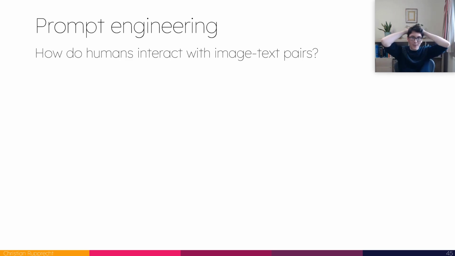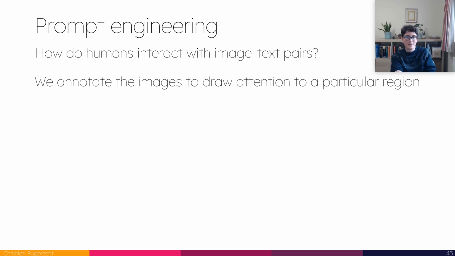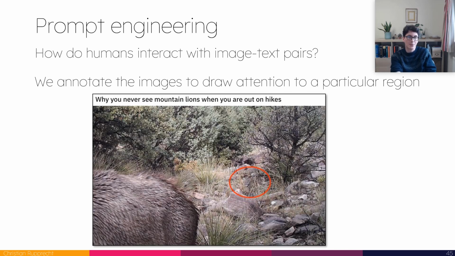Now, how do we do prompt engineering in computer vision? And one thing we've been thinking about is, how do humans interact with image-text pairs? And the obvious answer is that we usually annotate images manually to draw attention to a particular region.